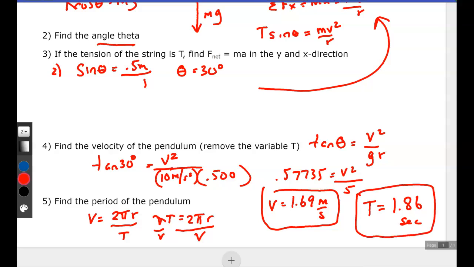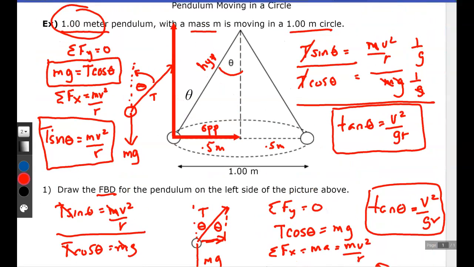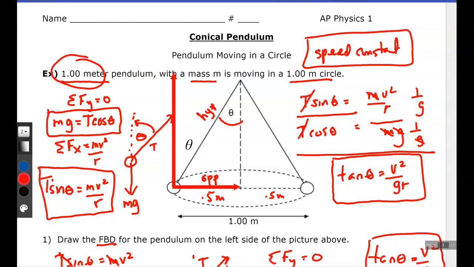Okay, that is the conical pendulum, a pendulum that is moving. And you know what we never talked about, and I should have, and I should add to this. Ready? Conical pendulum moving with a speed that is constant. Now you should be able to tell the speed is constant because it's a circle.